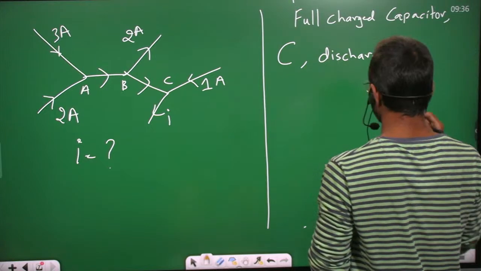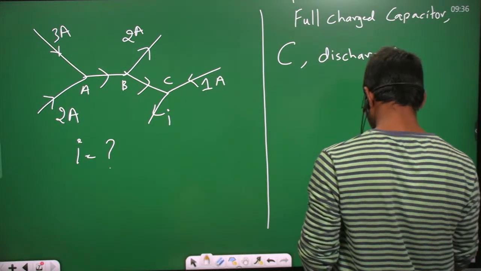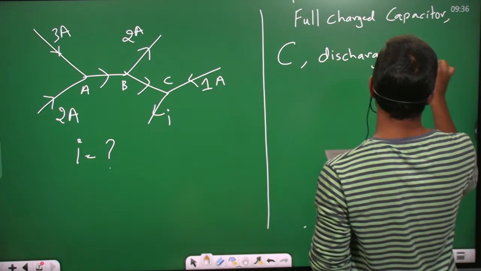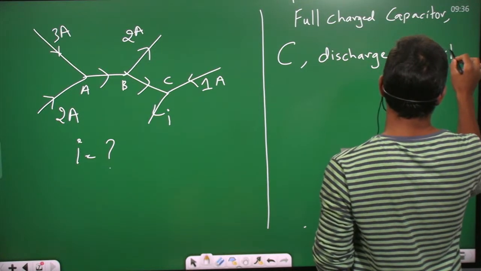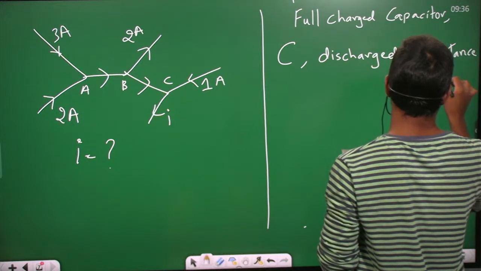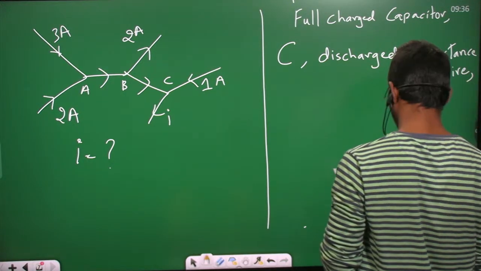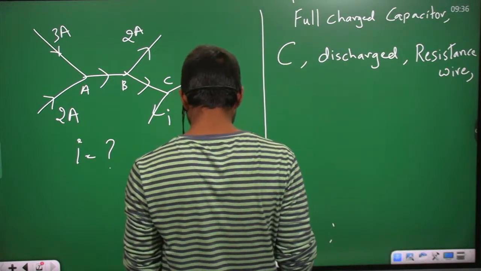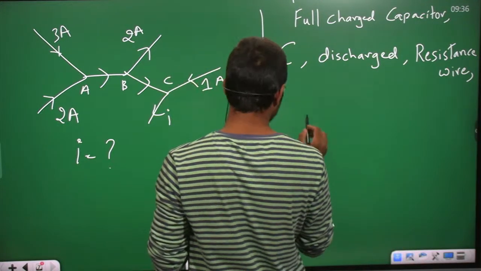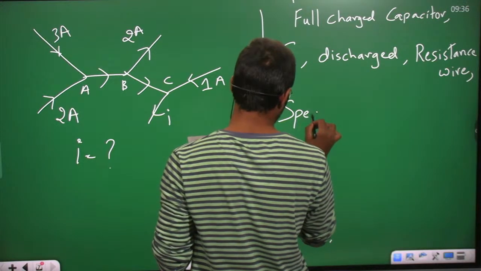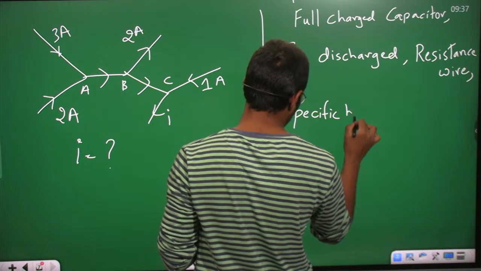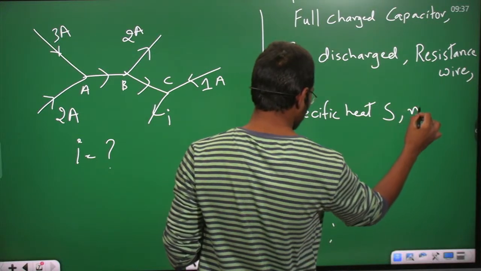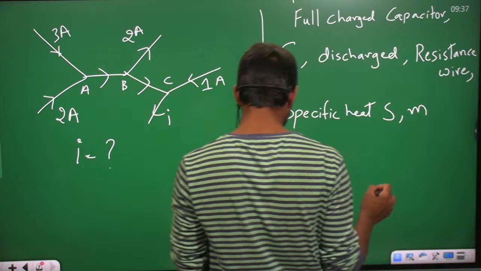See, a fully charged capacitor C got discharged through a resistance wire which is embedded in a block of specific heat S, mass M, under thermally isolated conditions.